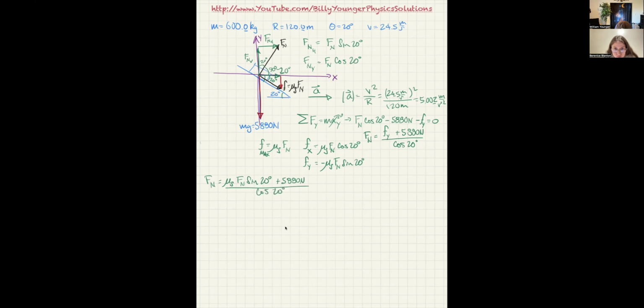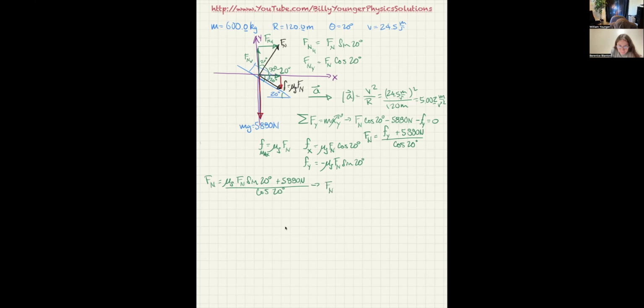You see that we've automatically added in yet another F normal. So we've got to take this and solve for the normal force anyways. So if I did this, I could go ahead and write Fn.